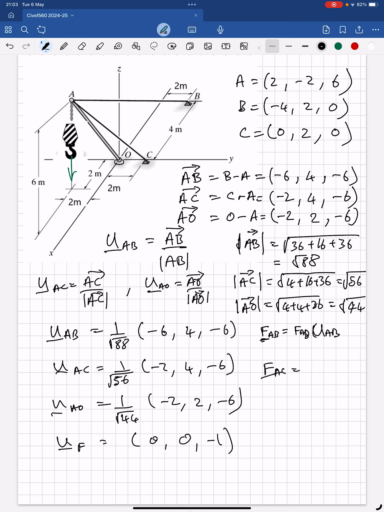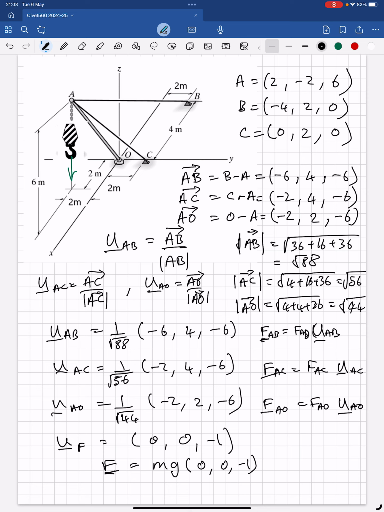The force vector AC is the magnitude of AC times UAC, and the force vector AO equals the magnitude of AO multiplied by the UAO vector. Now the force vector F, we can write this vector now because we know that F is equal to mg times 0, 0, minus 1.